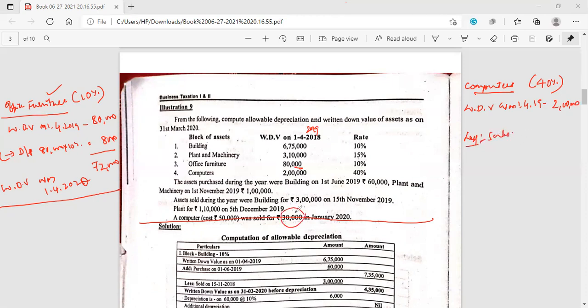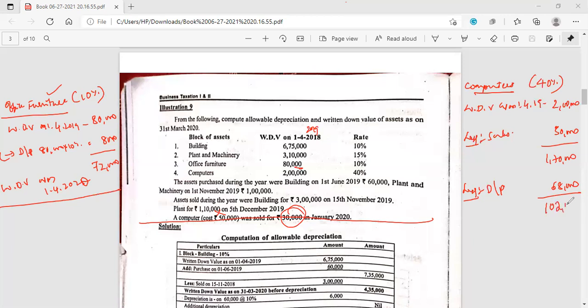The value is given as 30,000; we must ignore the cost. So we get return on value before charging depreciation of 1,70,000. On this, less depreciation: 1,70,000 into 40% is 68,000. This is the amount of depreciation. If we deduct, 1,70,000 minus 68,000, we get 1,02,000.